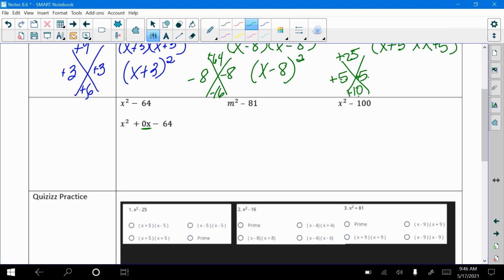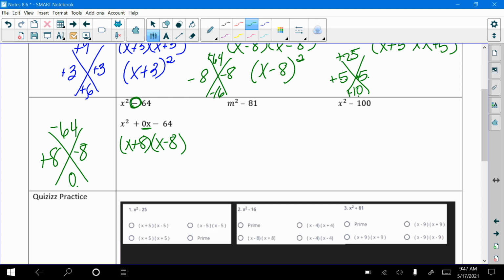So I'm going to end up with x and x. Now this is different signs. So if I were to do the 64 negative and I want 0, I want the same number twice. 8 and 8, plus and minus. So plus 8 minus 8. So what this is, is a difference of two squares.